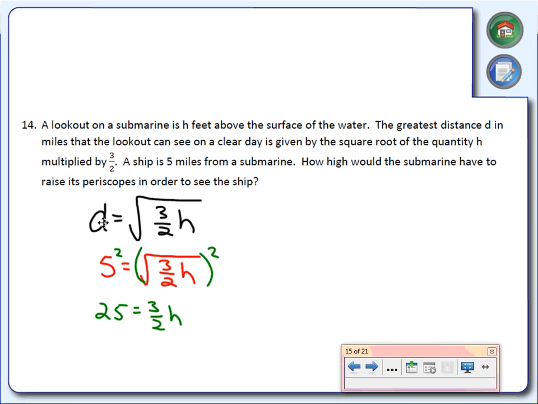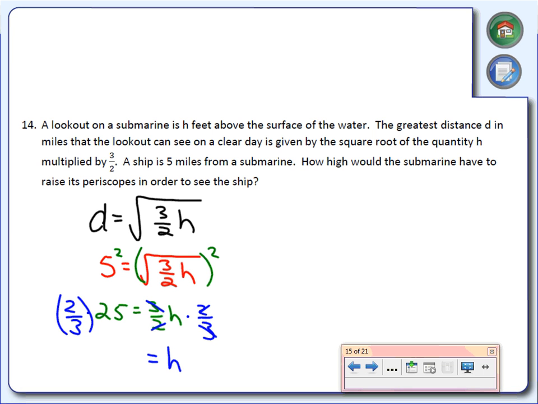Now I need to get rid of the 3/2. And the way I'm going to do that is multiply both sides by the reciprocal. Reciprocal just means take the fraction, flip it upside down. That way the 3's will cancel, the 2's will cancel. Got the H. Of course, I'm going to need to put this in my calculator.